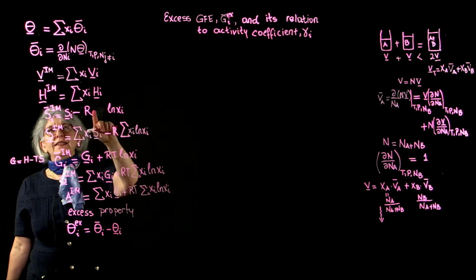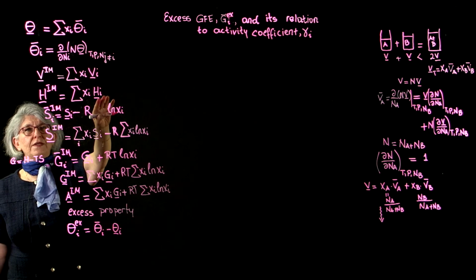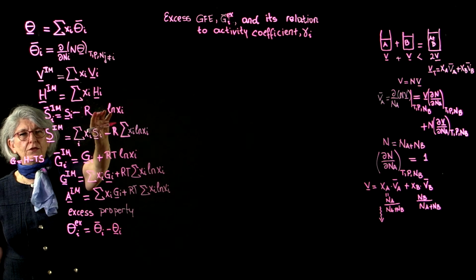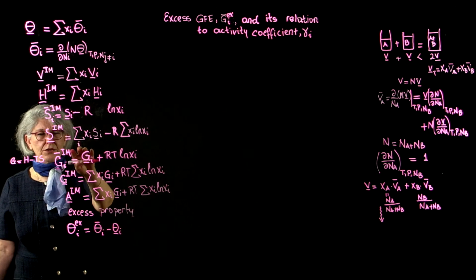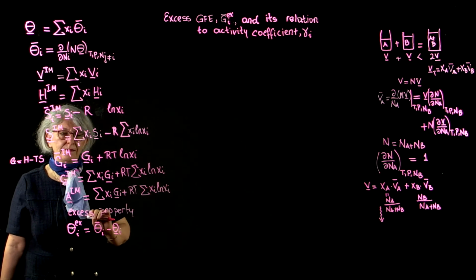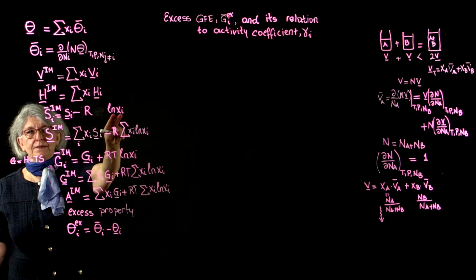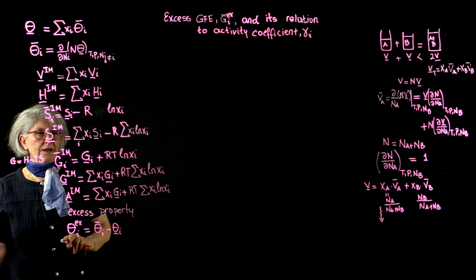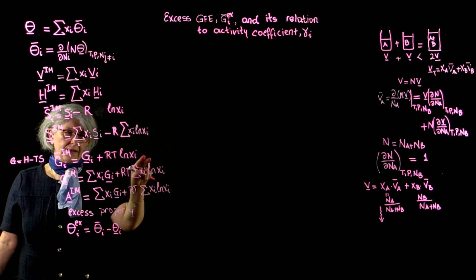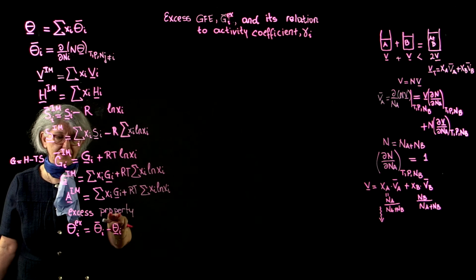So excess volume in an ideal mixture is going to be 0. Excess enthalpy in an ideal mixture is going to be 0. Excess entropy in an ideal mixture is going to be R ln xi. Excess Gibbs free energy in an ideal mixture is going to be RT ln xi.